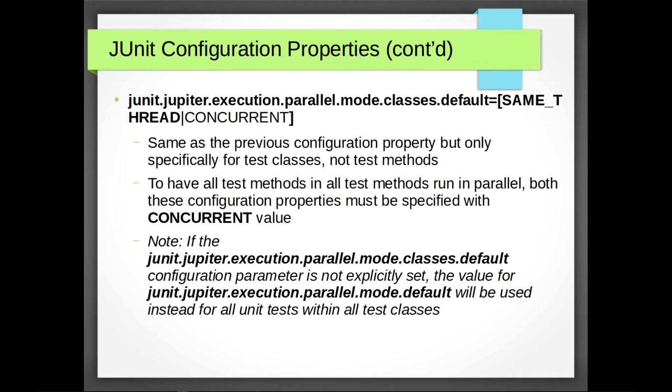So there are actually 5 ways to configure parallelism regarding test classes and unit test methods with the JUnit parallel API. And let us go to the next slide.